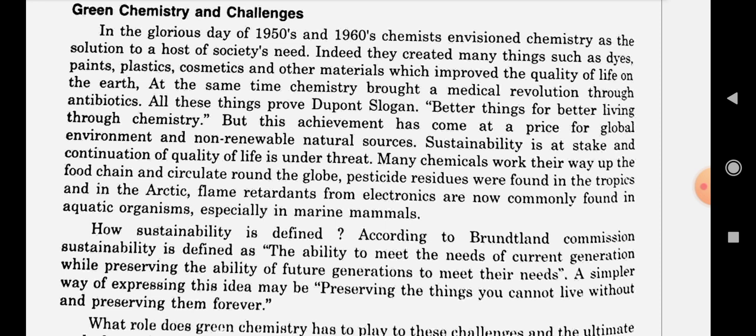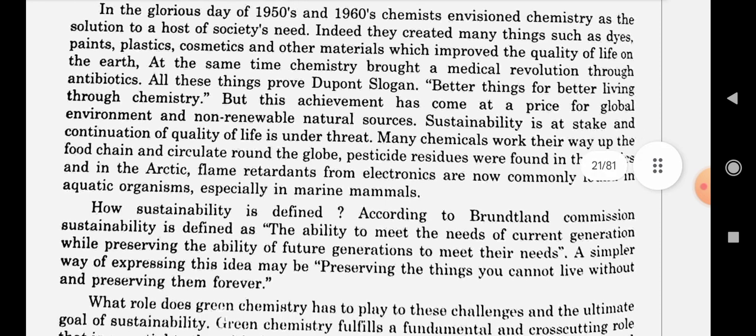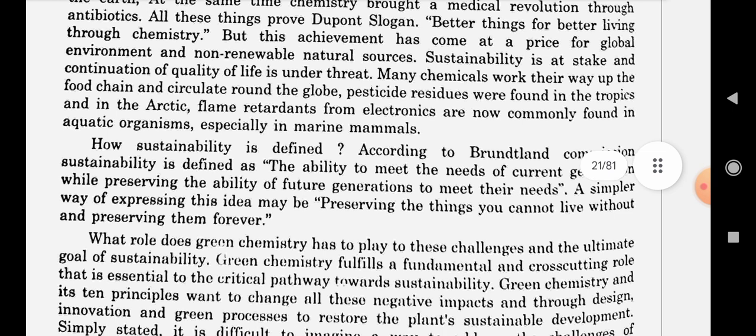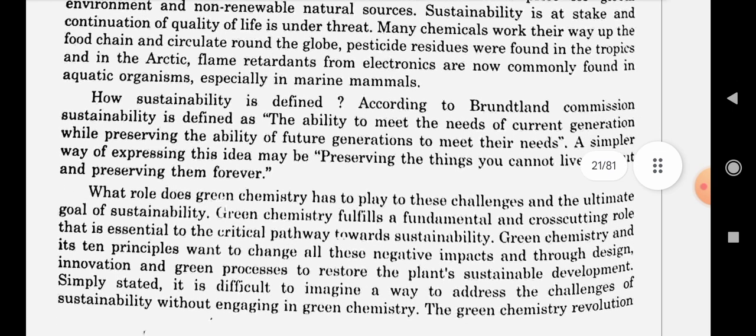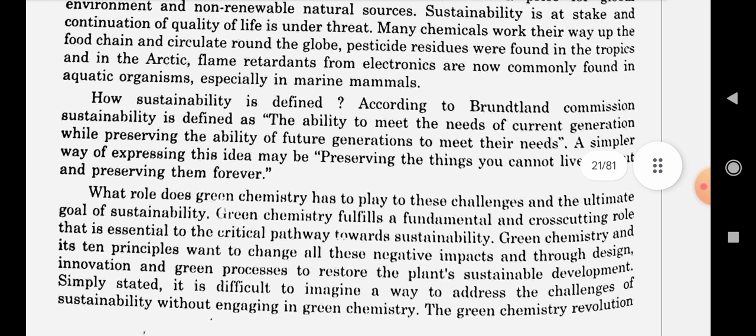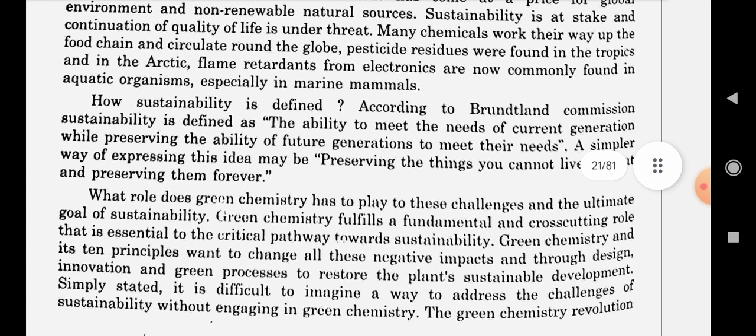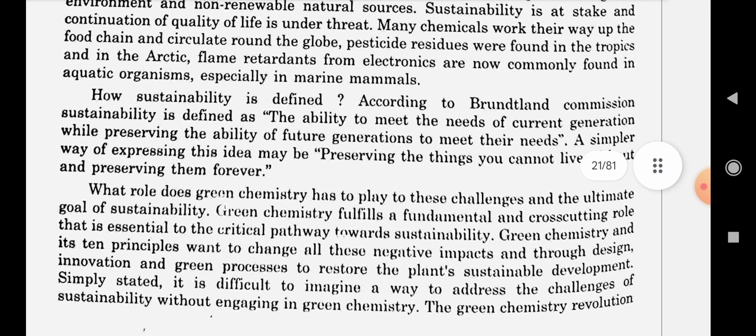At the same time, chemistry brought a medical revolution through antibiotics. All these things proved DuPont's slogan, better things for better living through chemistry. But these achievements have come at a price to the global environment and non-renewable natural resources. Sustainability is at stake, and the continuation of quality of life is under threat.